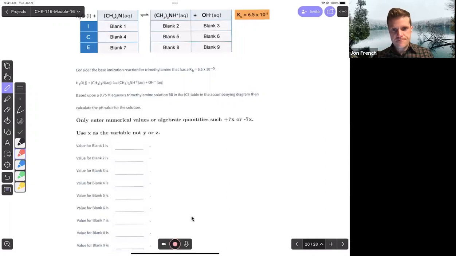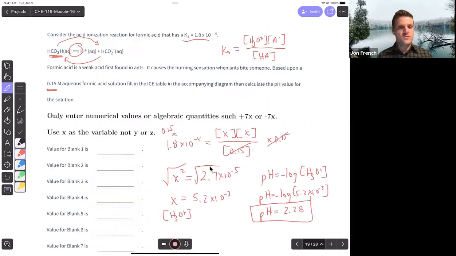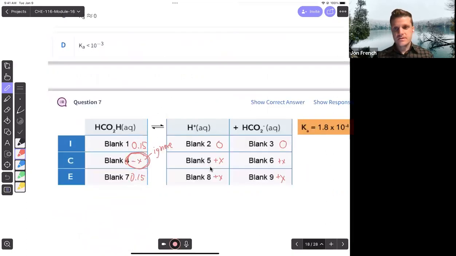So for question 7, yeah, they're just looking for plus X for blank 5 and 6, right? Yeah, because that's what we were doing. We were adding in, right? We needed it in terms of what we're changing. So yeah, plus X for 5 and 6.